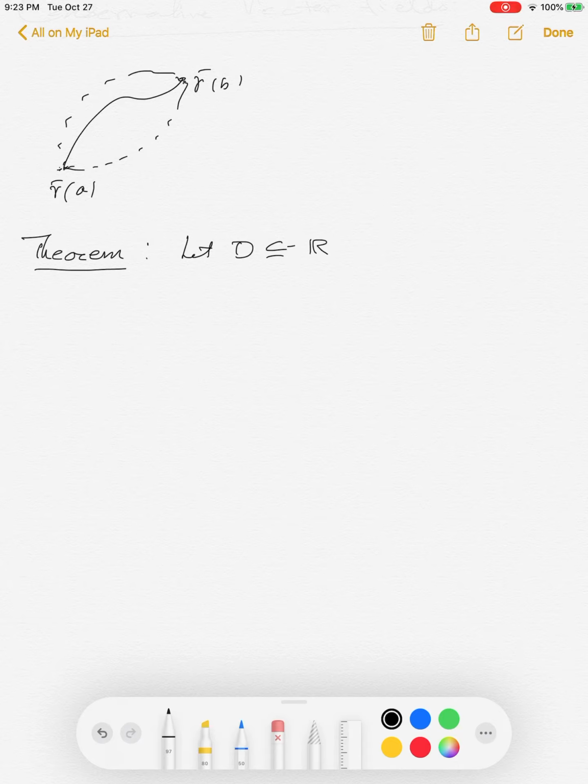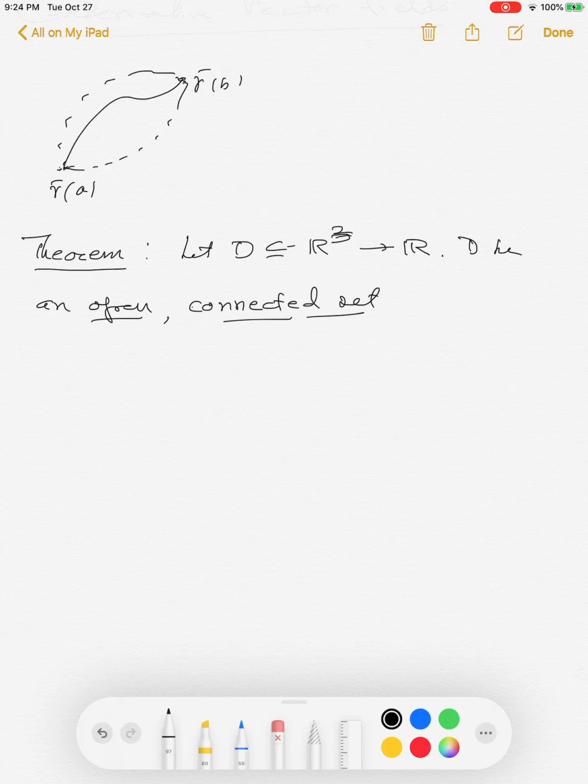So let us take a domain D, and I will state it for two-dimensional vector fields. Actually, it is valid for even three-dimensional. It doesn't matter. So I think I can change it to 3 dimensions. And I will state it very precisely. So even though some terms you may not understand, let me say D an open connected set. Open connected, I will comment on this later sometime.